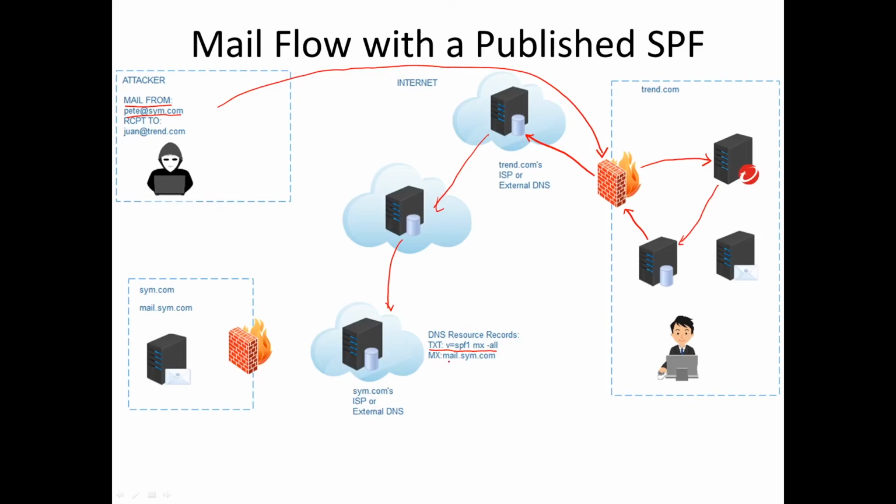So in this case, the MX is mail.sim.com. Let's say we have an equivalent A record of mail.sim.com as 123.123.123.123.